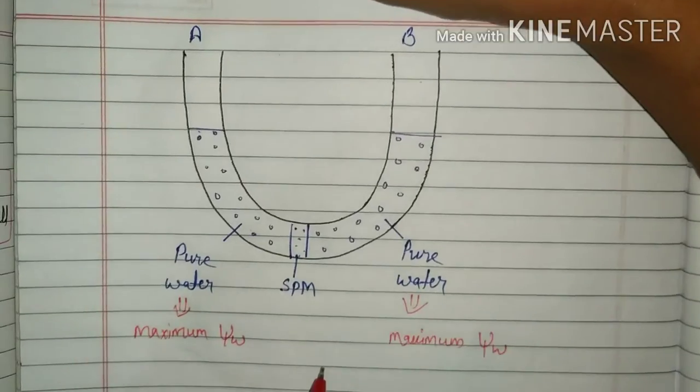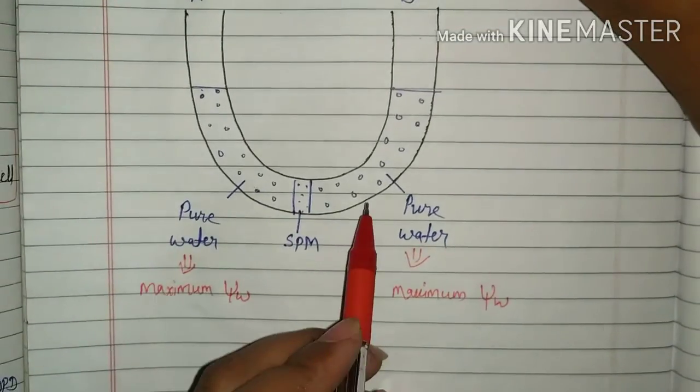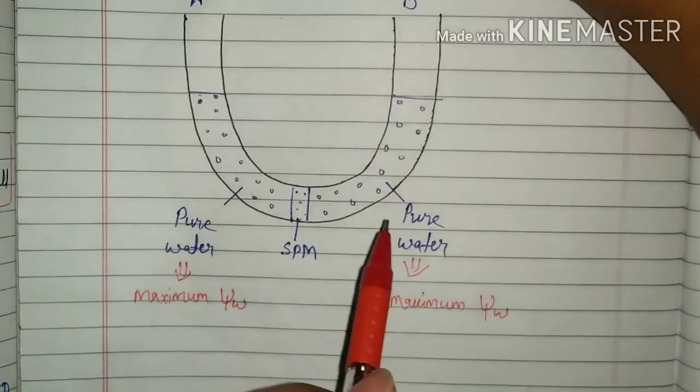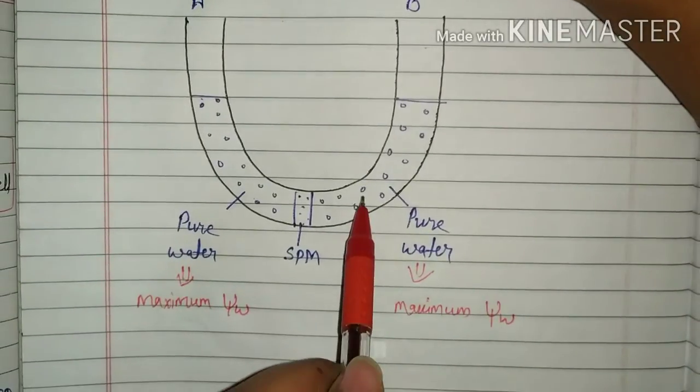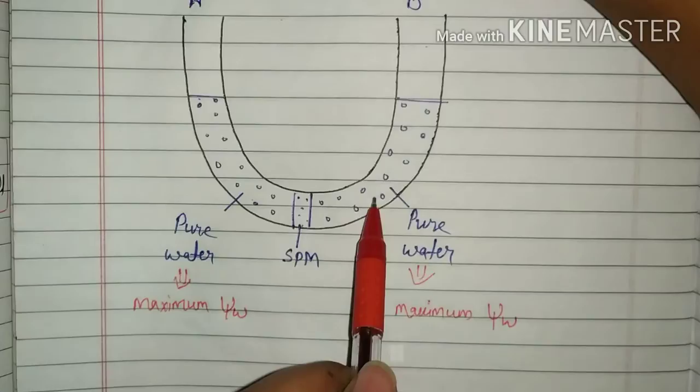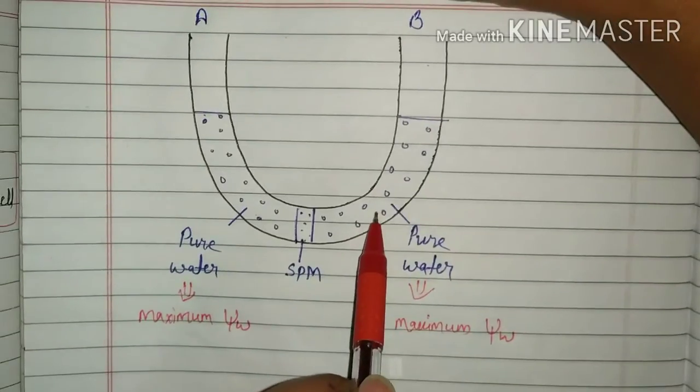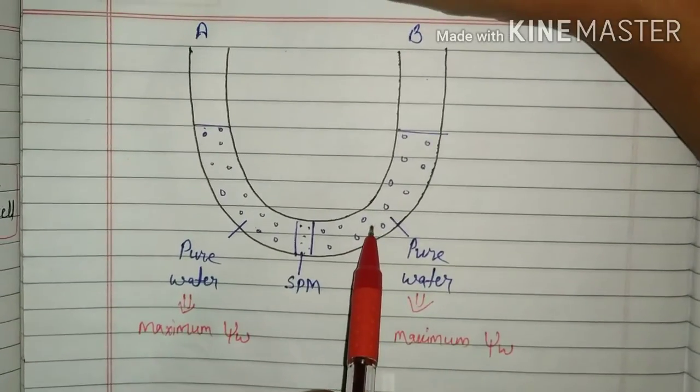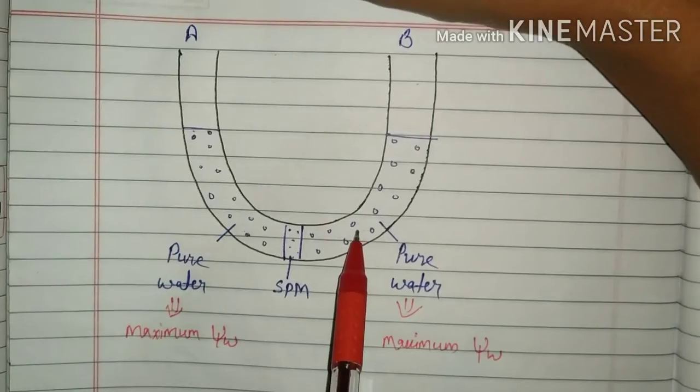When we add some solute on the right side, in the B chamber, the resultant water potential of the B chamber is decreased due to the addition of solute.